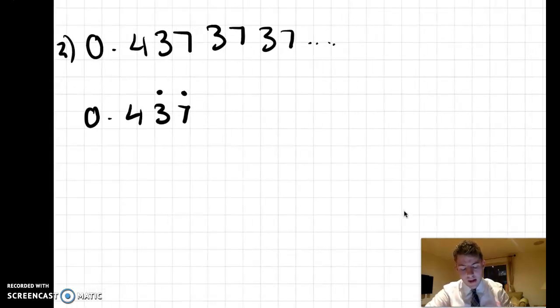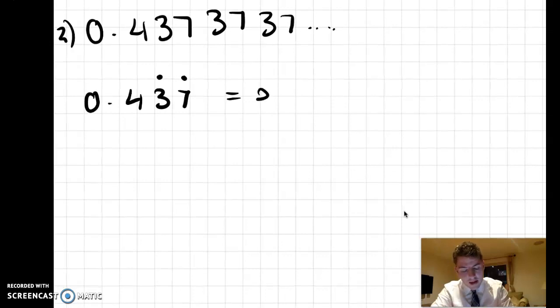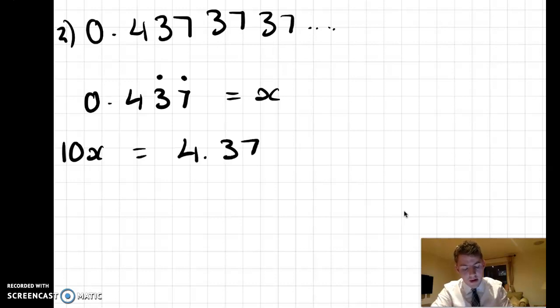Now we need to multiply this in a way where the 3, 7 pattern cancels out. So first we're going to times this by 10. So let that equal x. So therefore 10x equals 4.3737 and so on.